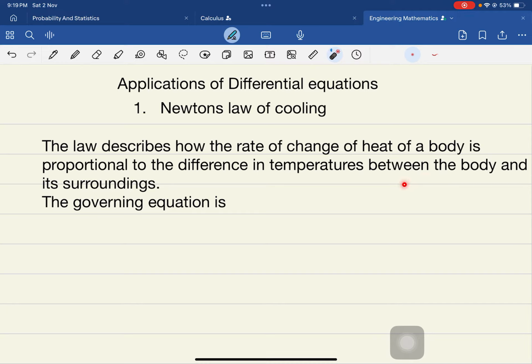So the difference between the room temperature and the temperature of the body is definitely proportional to the rate of change of the heat of the body. Whenever I say the rate of change of the heat of the body, I should compare this heat with respect to the time, right?